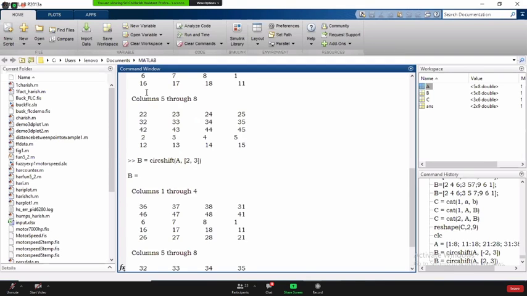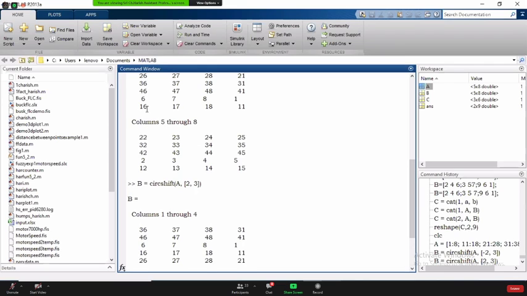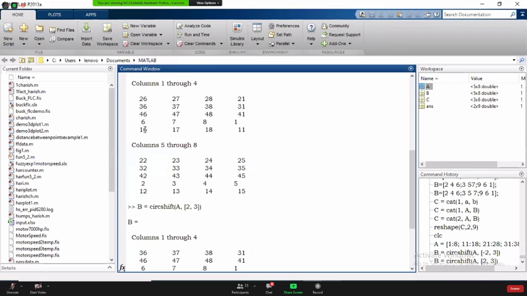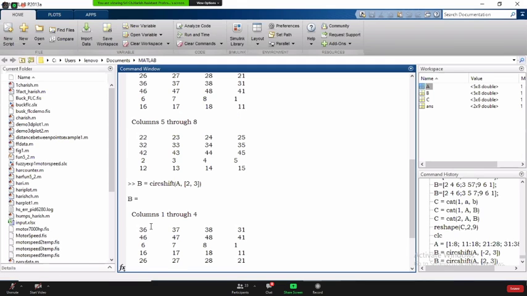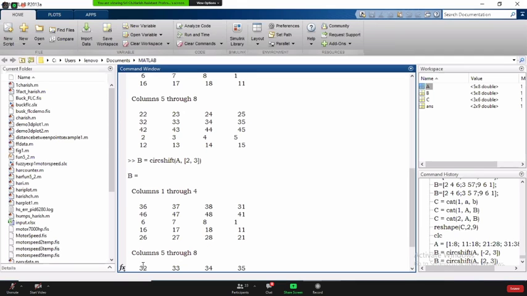Here, 6 and 16 were in the 4th and 5th row. Now it is in the 3rd and 4th row. Previously it was minus, and it is shifted in the reverse direction, the anti-clockwise direction.